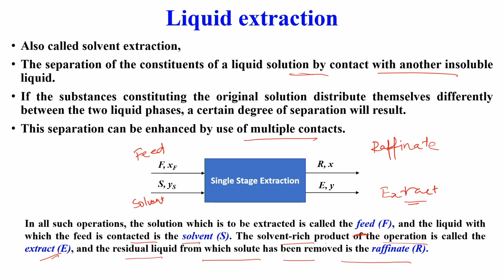So, basically you can see we are using the Y here. It is rich in your product, and X is the remaining liquid, that is, we are referring to the raffinate, or you can say the lean phase. So, extract is the main desired phase, or the rich phase.